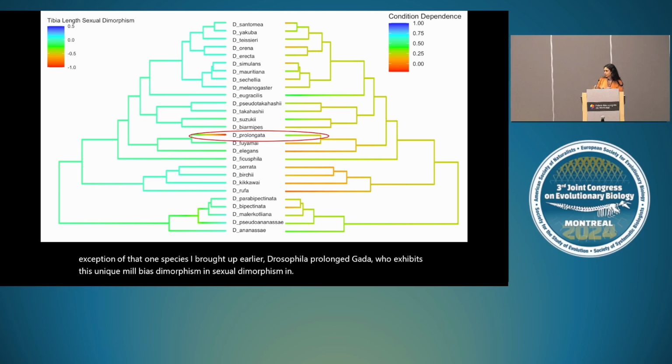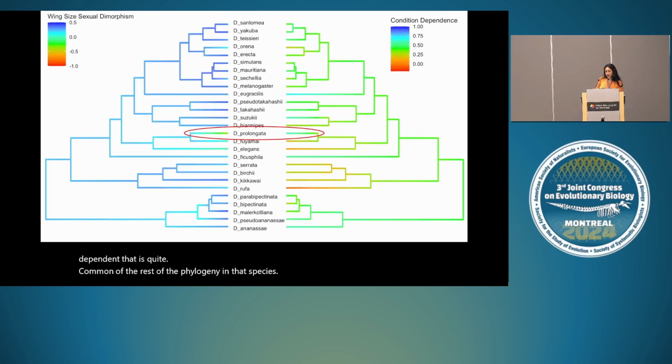And so, under the predictions of the genic capture model, we would expect that just as we see this really heightened male-biased dimorphism, we should also expect heightened condition dependence. But that's not what we're seeing. When we look at the phylogeny for condition dependence in males for tibia length, we see this moderate condition dependence that is quite common across the rest of the phylogeny, including in that species.